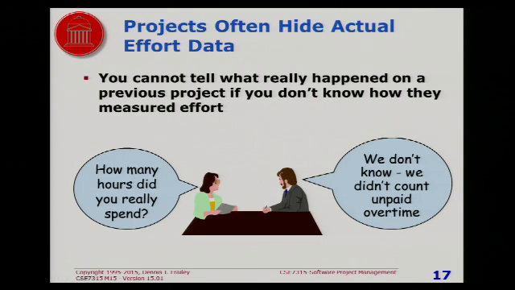You reported 83 hours. And the guy says, well, we had a lot of unpaid overtime on that, but we didn't keep track of it. Because we don't pay people for overtime, we didn't keep track of it. So even though it was reported as 83 hours, it actually took 102 hours. Now, let's suppose that's the case.